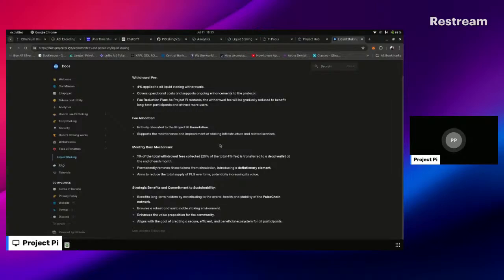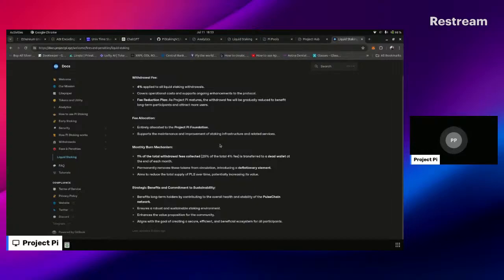And hopefully that not only increases Pulse's value, but, strategically, I think it just benefits long-term holders. We want to contribute to the overall health and stability of Pulsechain's network. And I think that it would enhance the value proposition for the community as well.